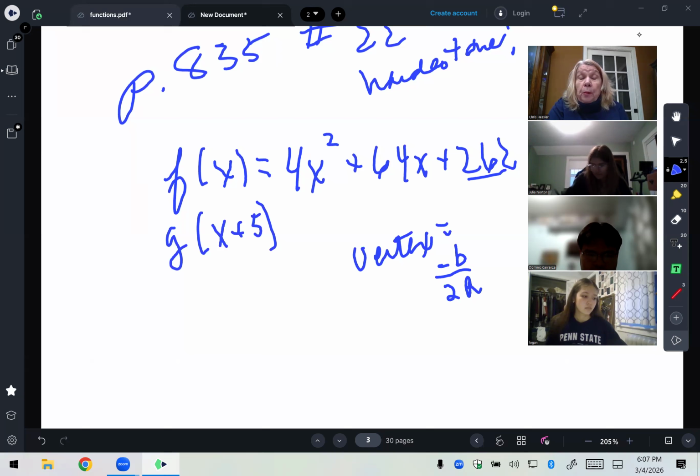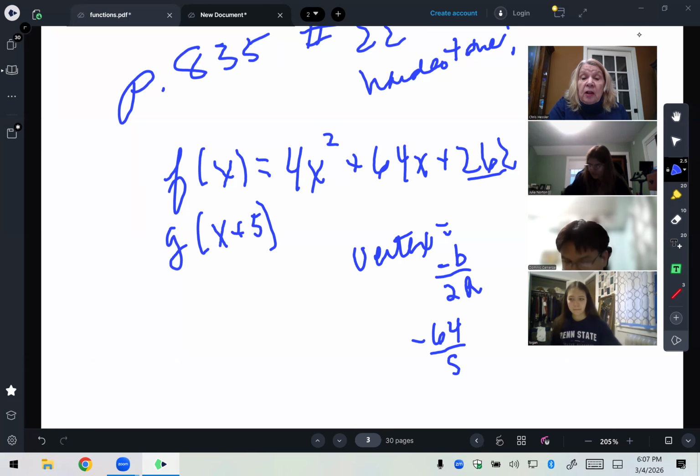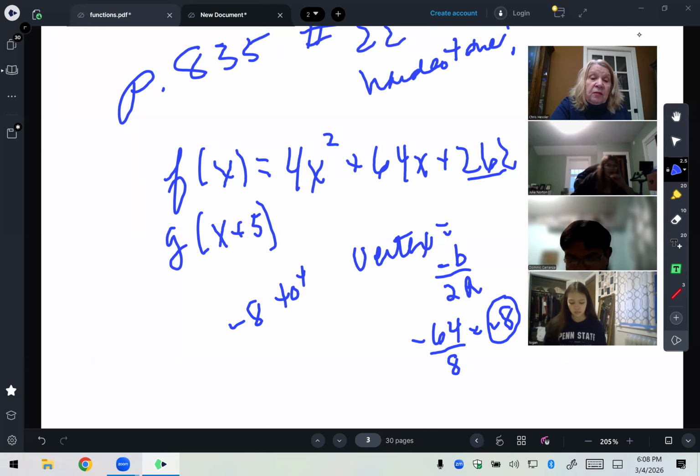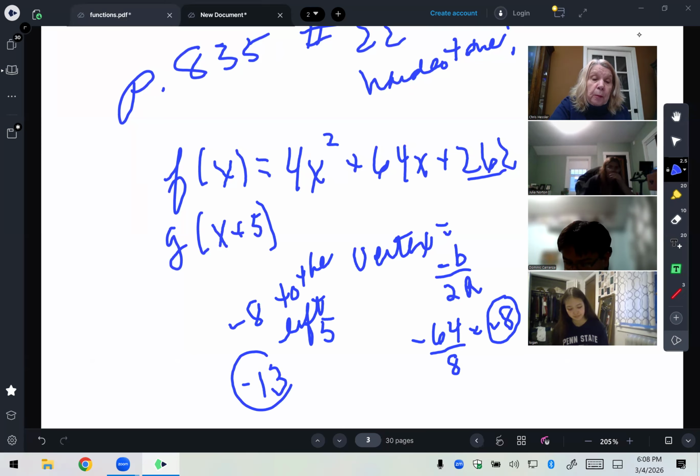If you type it into Desmos, you should be able to click it and get the vertex. So this would be minus 64 over 8, which is negative 8. Now we just have to move that to the left 5, and so that hard one would be negative 13.